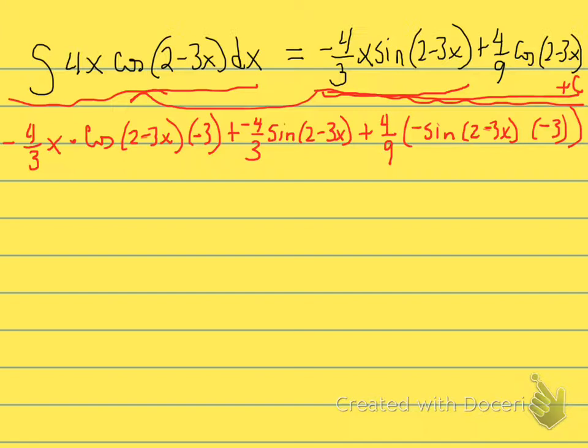Now from here I just need to simplify, clean this up. So let's see, this negative times this negative will make a positive. This 3 and that 3 will make a 1. So I'm left with 4x cosine of 2 minus 3x. And let's see, over here I'm going to have plus negative, or just a minus, 4/3 sine of 2 minus 3x.